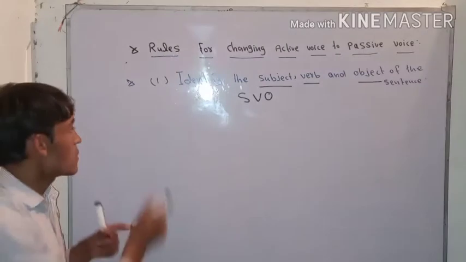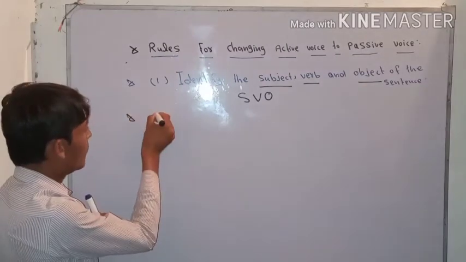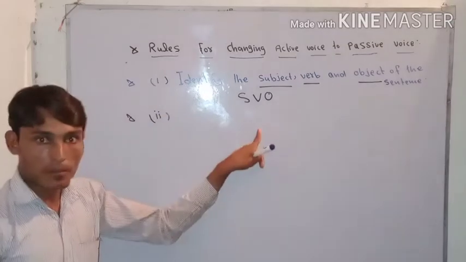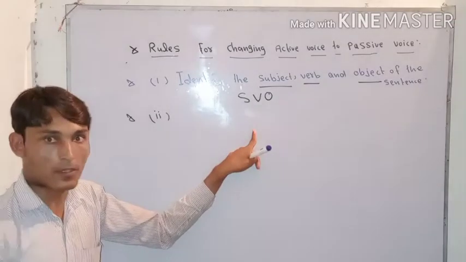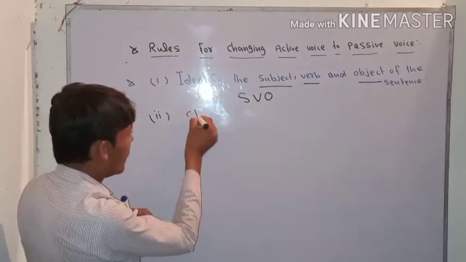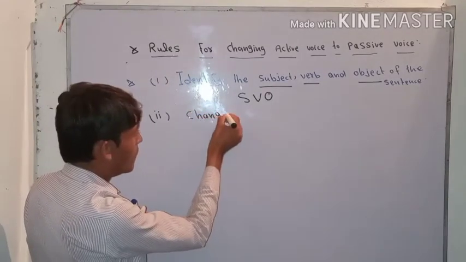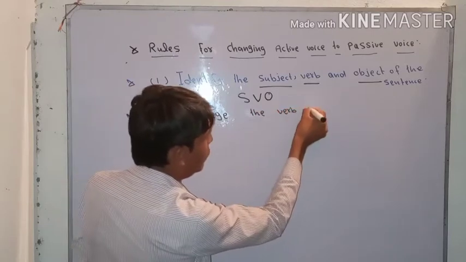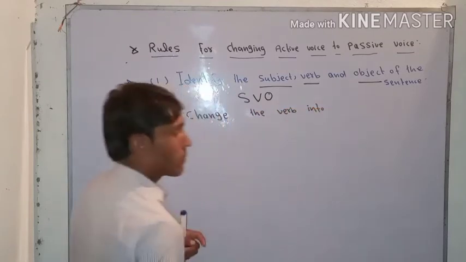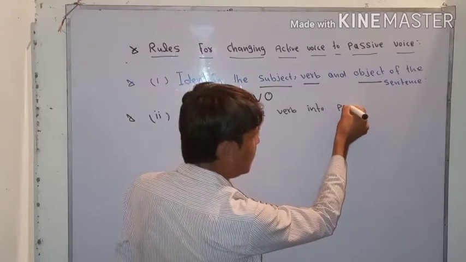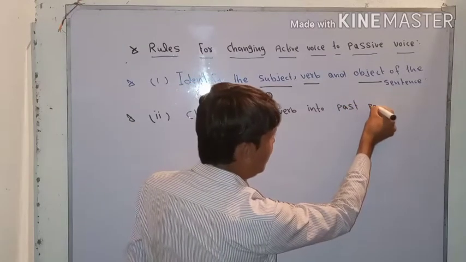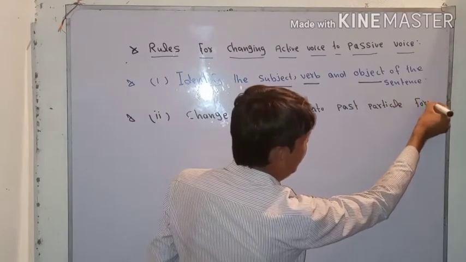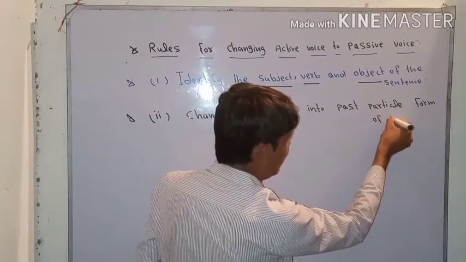The second rule is change the verb into past participle form of the verb.